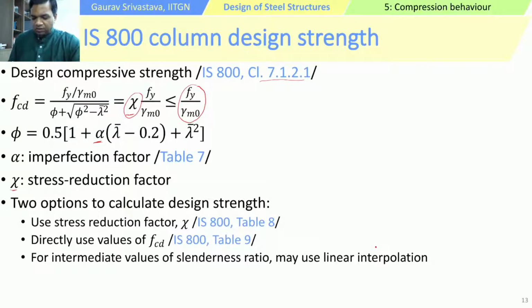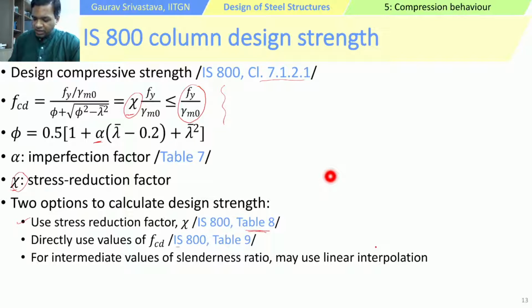Now, if we want to calculate design strength, of course, looking at the graph every time is going to be time consuming, and it is going to be a little bit ambiguous as well. So the IS 800 gives, there are two options. In fact, there are three options. One is to use this formula to calculate things. The other is that IS 800 table 8 gives the values of chi, or the stress reduction factor, for different yield strengths of the material and for different slenderness ratios.